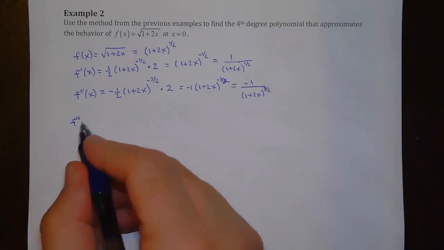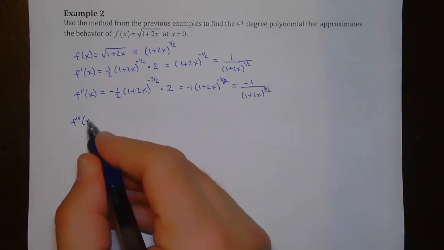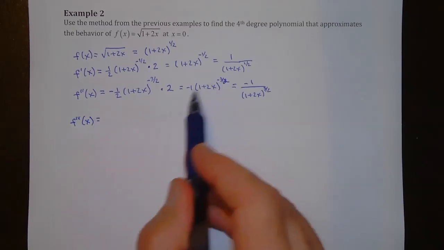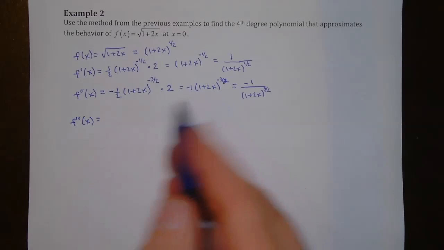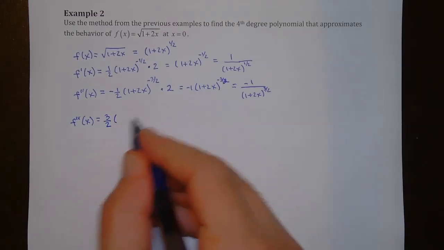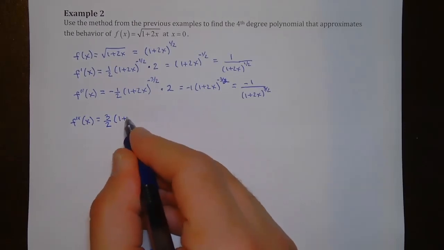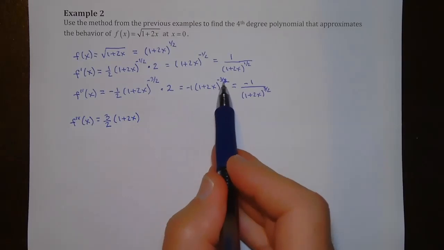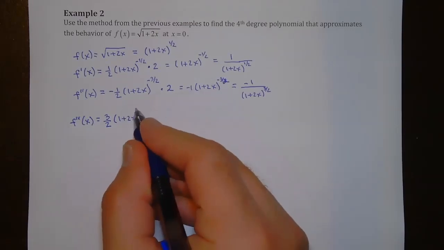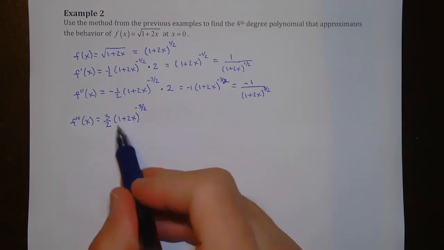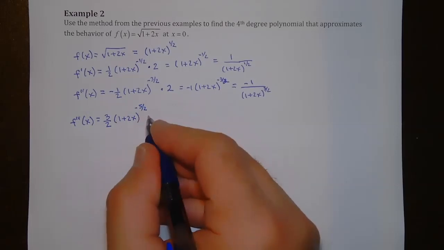Okay, so the third derivative at x would be, I'm going to use this one. It's going to be negative 1 times negative 3 halves, so that'd be 3 halves times 1 plus 2x. And I'm going to subtract 1 from the exponent, so that'd be subtracting 2 halves, giving me negative 5 halves, times the derivative of the inside, which would be 2 again, right?